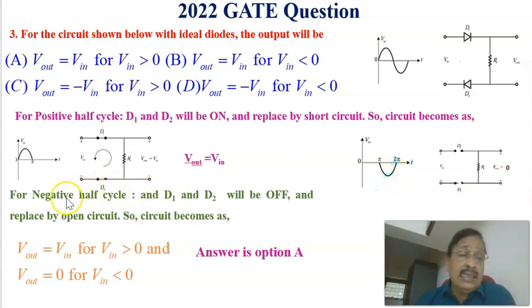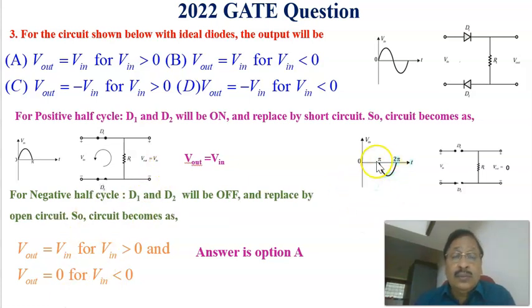Therefore, for the negative half cycle, D1 and D2 will be off and replaced by open circuit, so the circuit becomes as this one. For the negative half cycle, that's the equivalent circuit, therefore the output voltage is equal to 0.